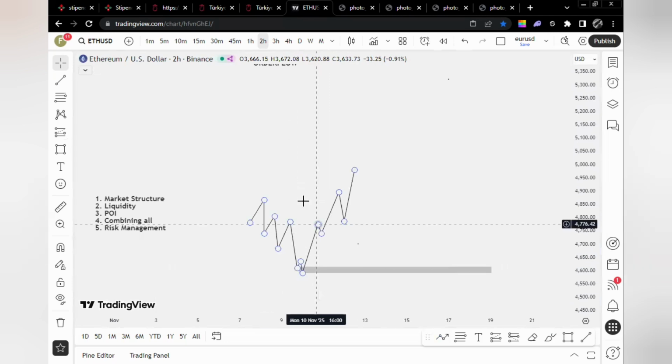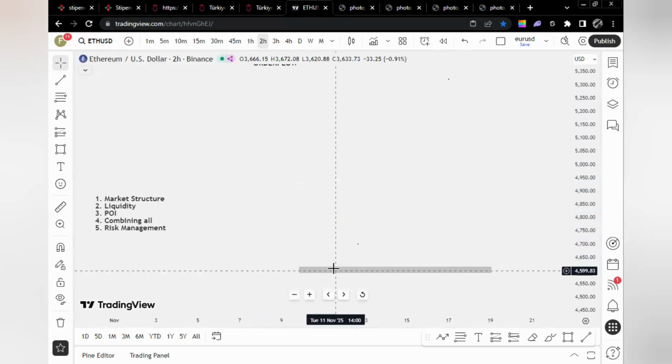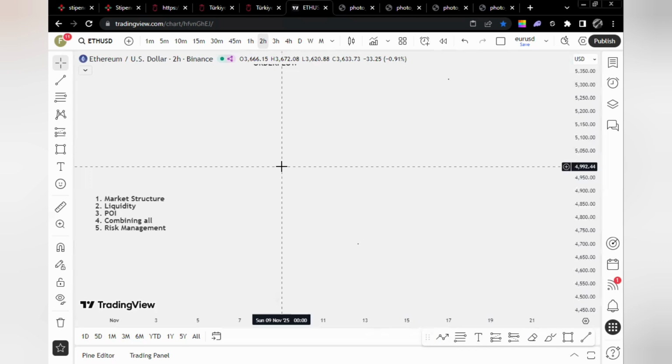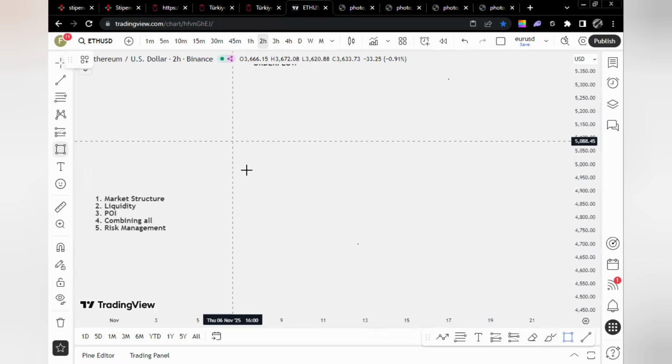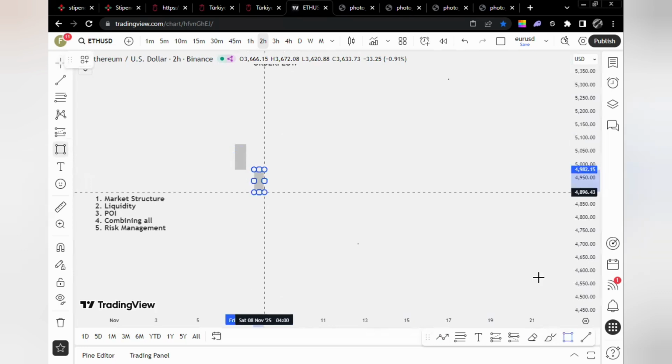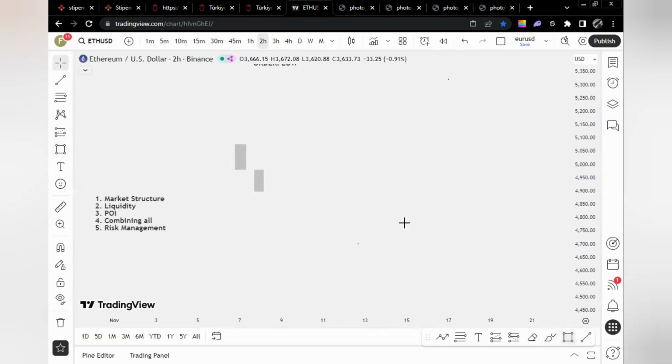Now let me show you what I mean in clearer terms. This is an order block. You have two types of order block, by the way: bullish and bearish. Now you have price levels coming down like this, a series of price levels coming down. The market is said to be selling.